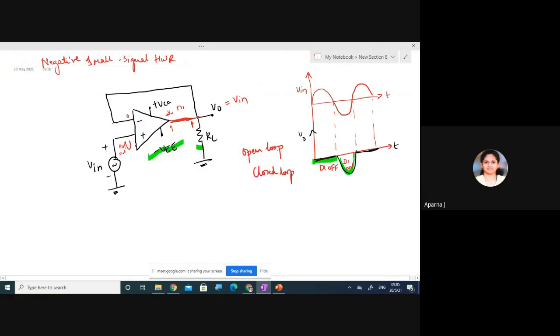When the diode is not conducting, it is in open loop, and when the diode is conducting, it is in a closed loop configuration.